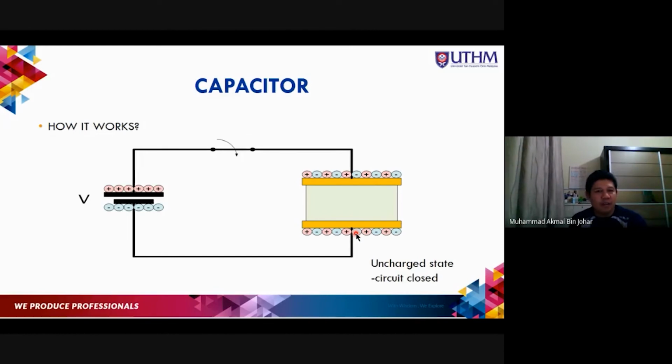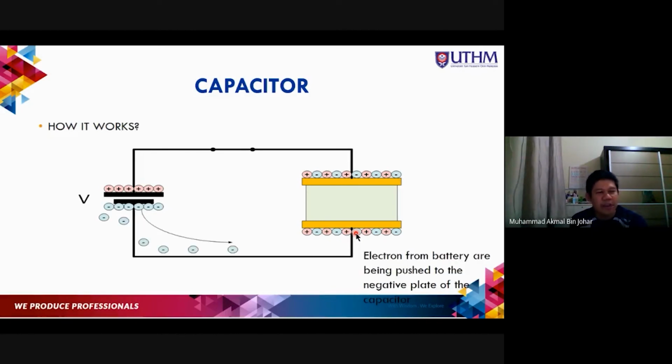So when you close the circuit, the electrons will start moving. Electrons from the battery are pushed to the negative plate of the capacitor because they are attracted by the positive part.